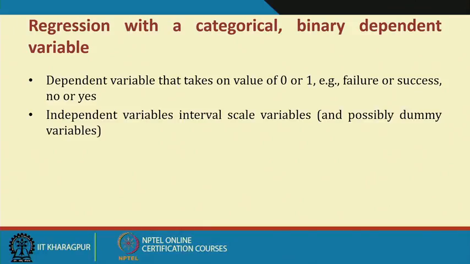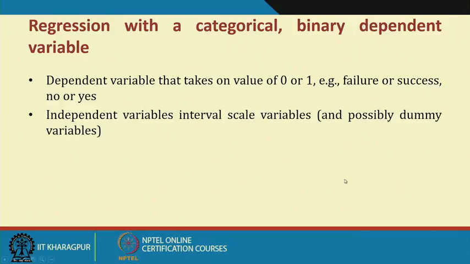Most of the cases are binary representations like failure, success, yes, no, true, false, and in that context we use the linear probability model, sometimes called the binary choice model.